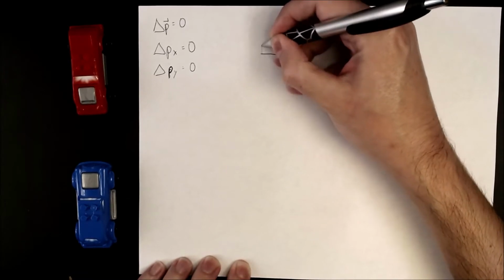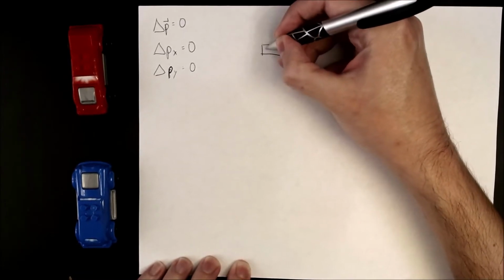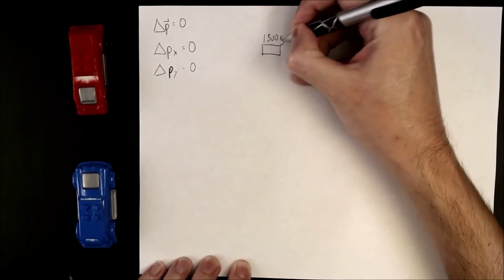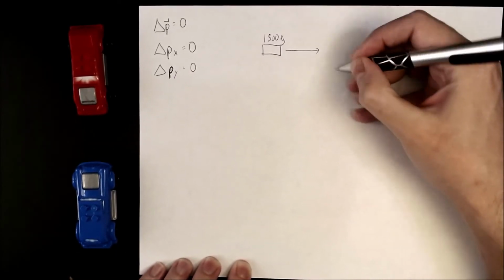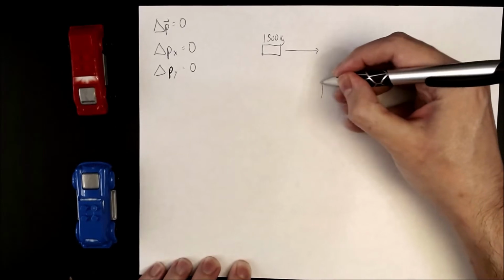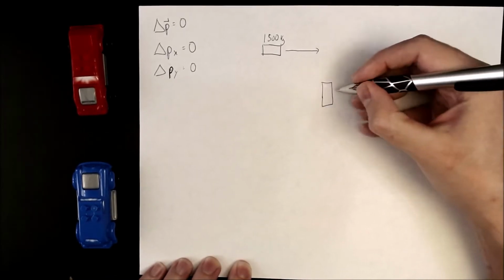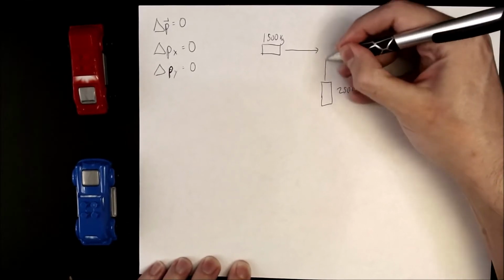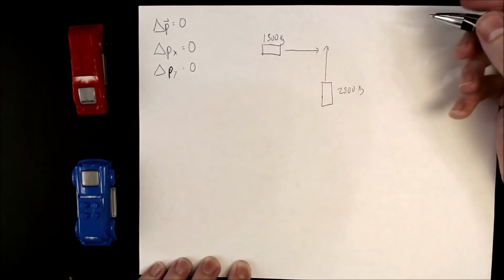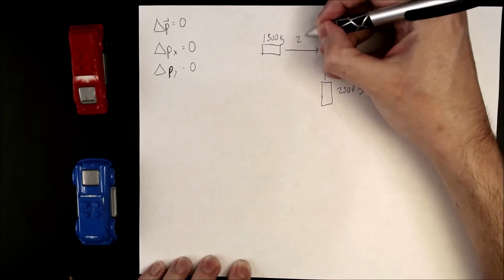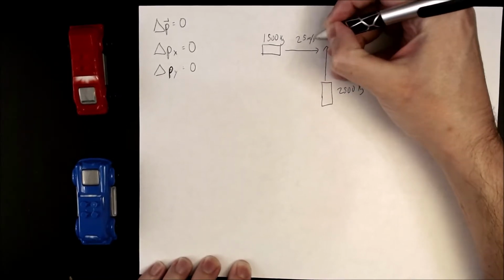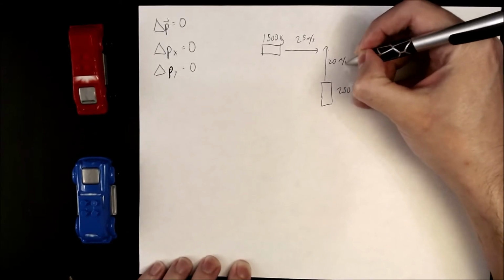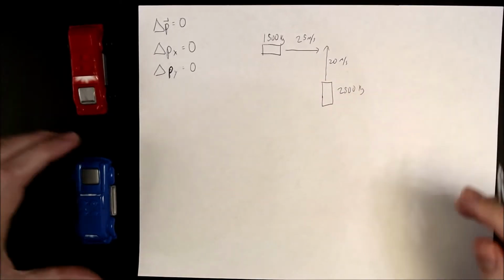Here is our car with a mass of 1,500 kilograms traveling east, and it hits a truck, mass 2,500 kilograms traveling north. The car was traveling at 25 meters per second, and the truck was traveling at 20 meters per second.